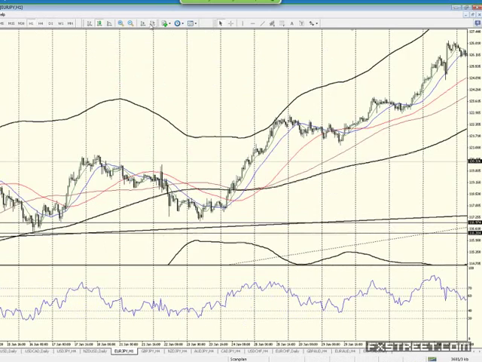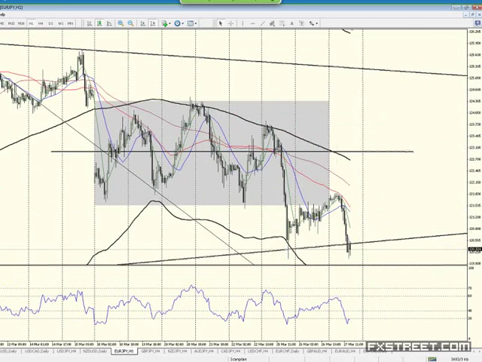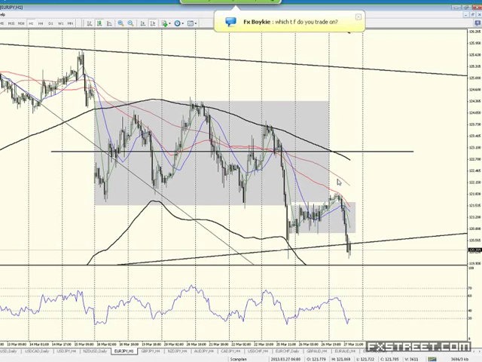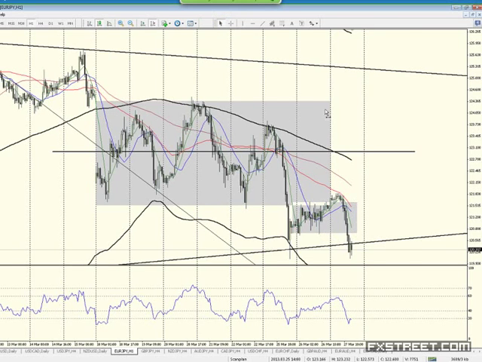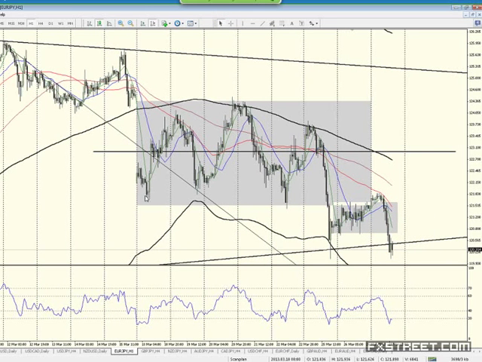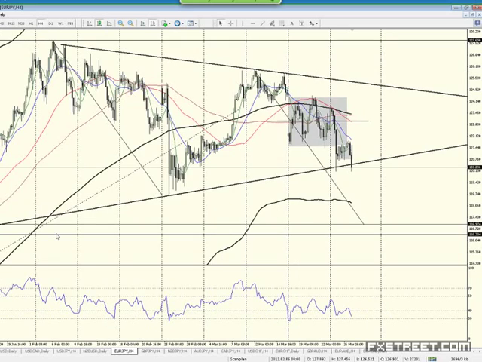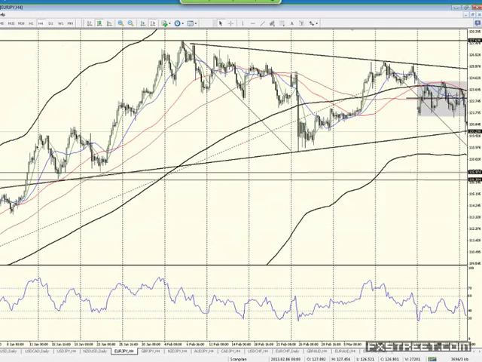Going to the 1 hour chart, just like the Euro dollar, I got a shakeout. First of all, we had a break below this consolidation, but the break below that was immediately challenged by a rising trend line here.